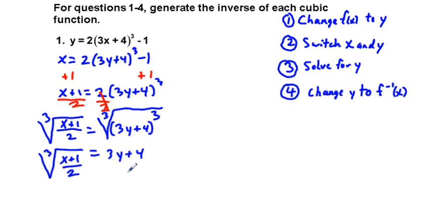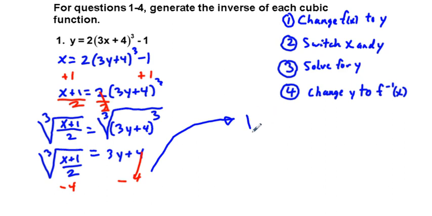So now we're going to subtract out our 4 from both sides. Subtract out 4, subtract out 4, so we cancel. And I'm going to come over and work kind of up to the right and put down what we have left.